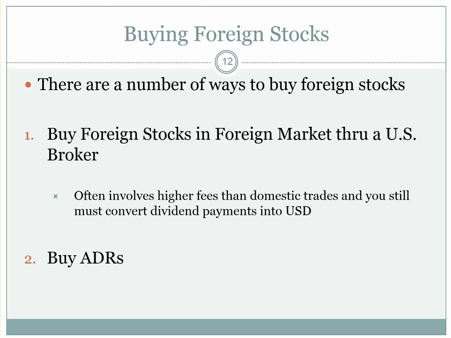So the last thing we'll talk about is, well, say I want to buy a share of Sony, how do I buy it? Well, there's the hard way and there's an easier way. The hard way would be to, say, take $50, go to a bank, convert it into yen, have those yen deposited at a broker, have the broker buy shares on the Tokyo exchange, and then every day that the share would pay a dividend, it would be paid in yen.